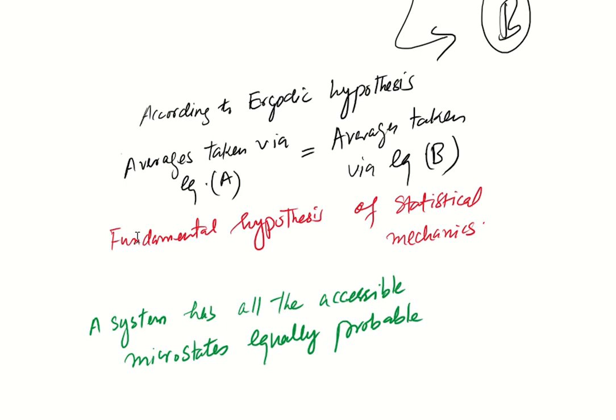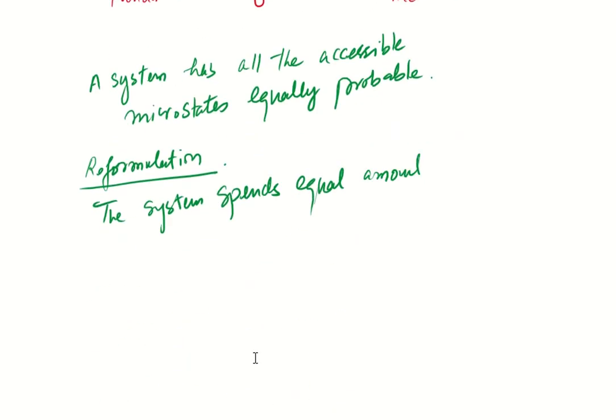This can be interpreted as a system spending equal time. This can be reformulated as: the system spends an equal amount of time in each accessible microstate.